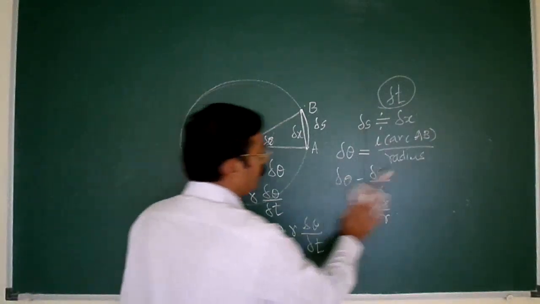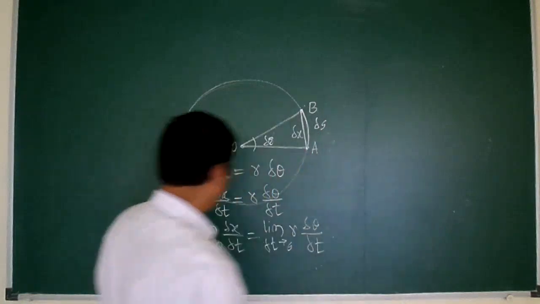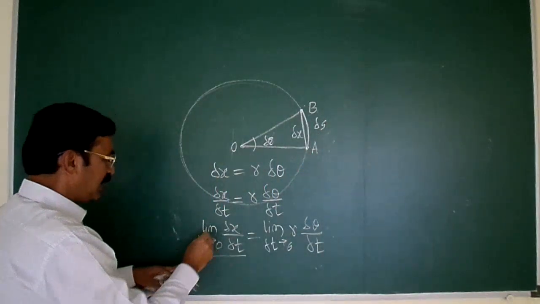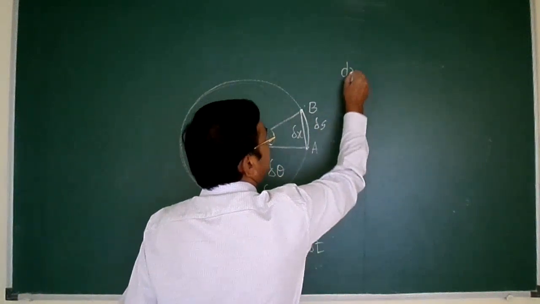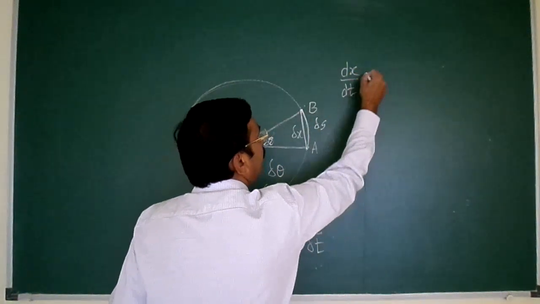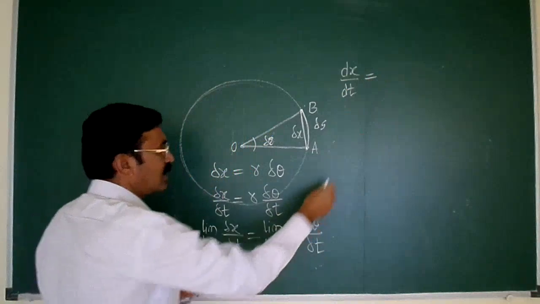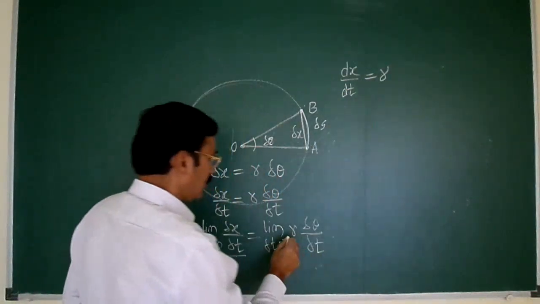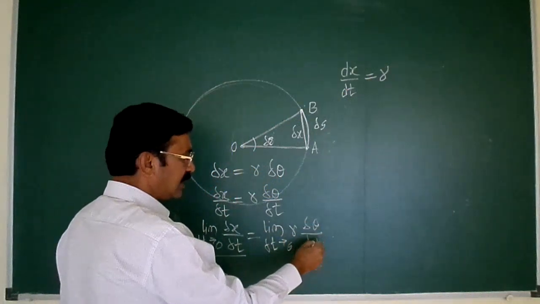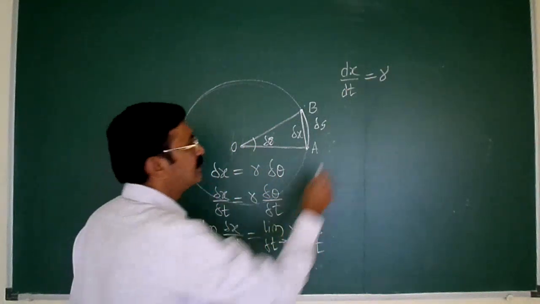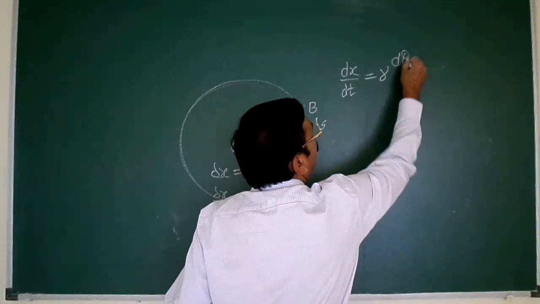So limit delta t tends to 0, delta x upon delta t can be written as dx upon dt, which is equal to r, the constant term, times limit delta t tends to 0, delta theta upon delta t, which can be written as d theta upon dt.